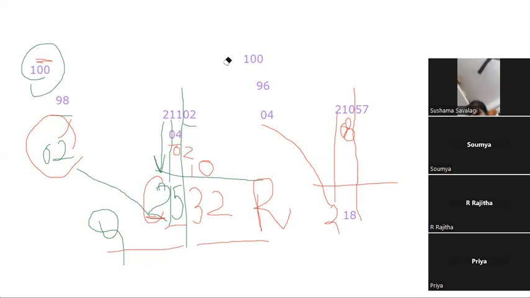Now the next number 1 has to be multiplied by 0, 4. So now you put here 0 and here 4. And then you multiply 8 into 4, which is 32. It is already a 2-digit number, so that is why we are not making it 0, 32.